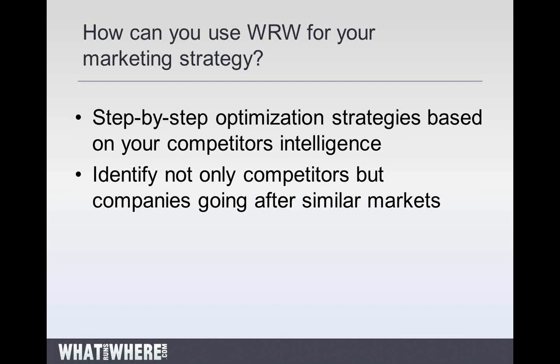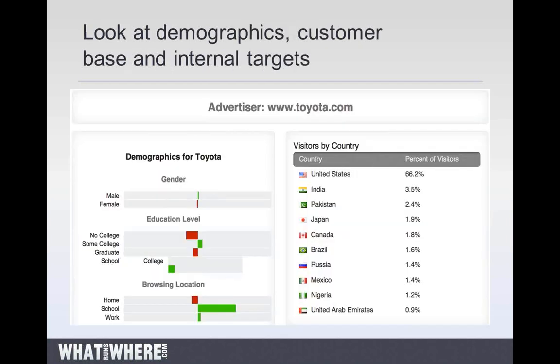So looking at the demographics of people that go to Ford or go to one of the competitors, and then looking for other companies that hit those same demographics, can unlock some insights that no one else really has. You can find new places to try and place ads, and maybe new ad strategies based on this sort of vertical thing. Instead of just horizontal, like here are my direct competitors, vertically going out and saying here are people that are going after the same industry.